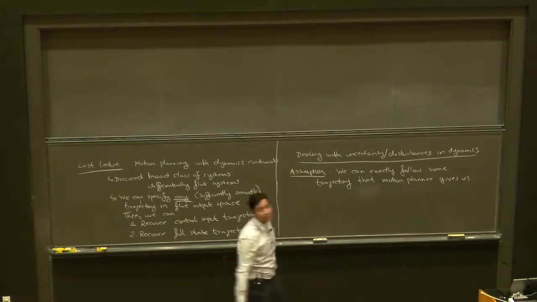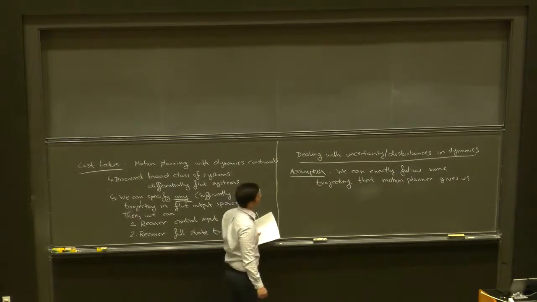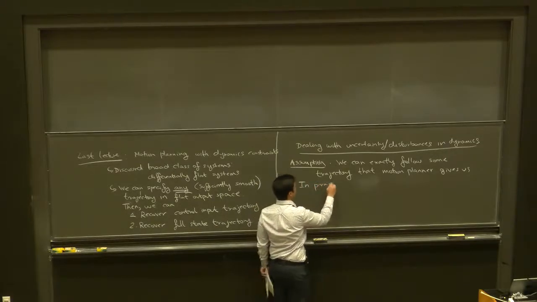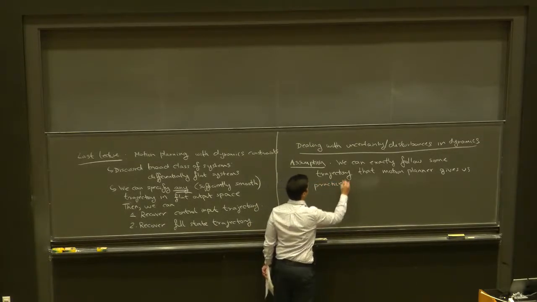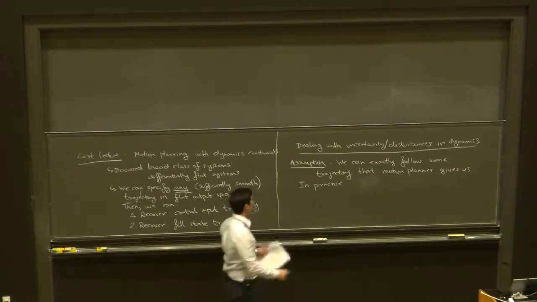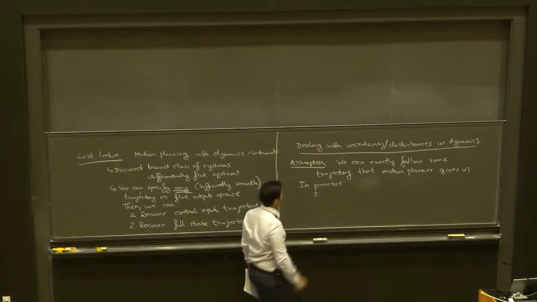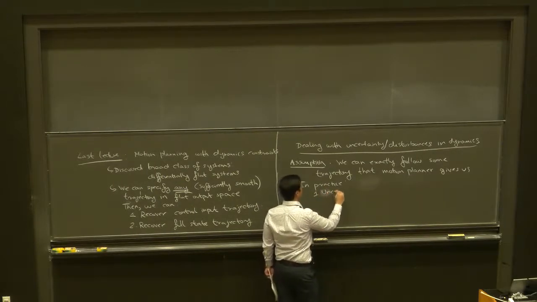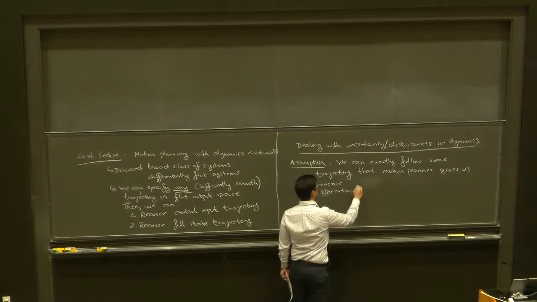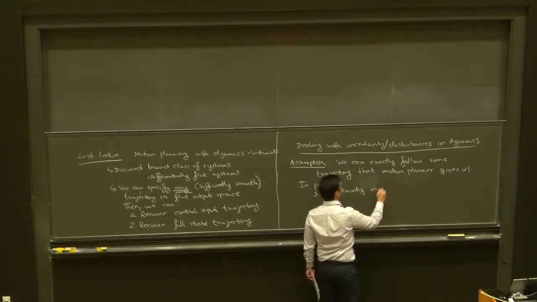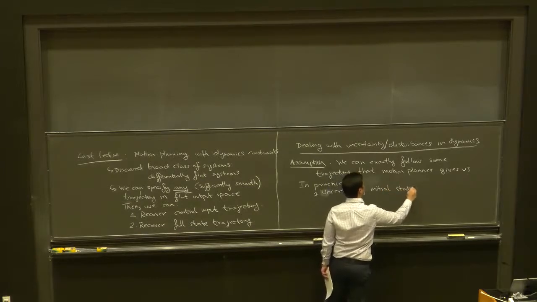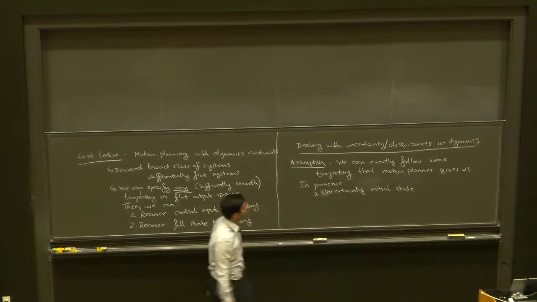But of course, this is not really true, right? In practice, this assumption is violated for a couple of different reasons. The first one is uncertainty in the exact initial condition. So you might have some uncertainty in the initial state of your system.